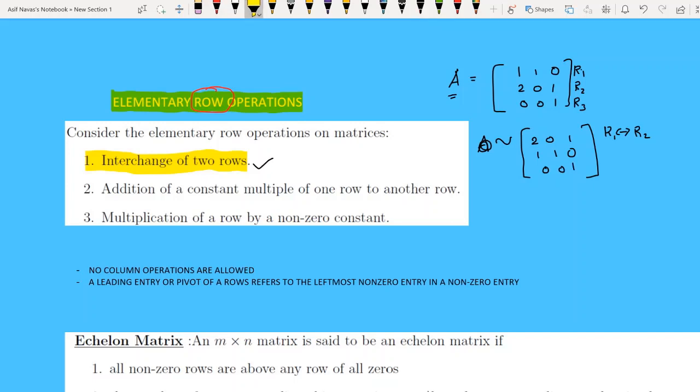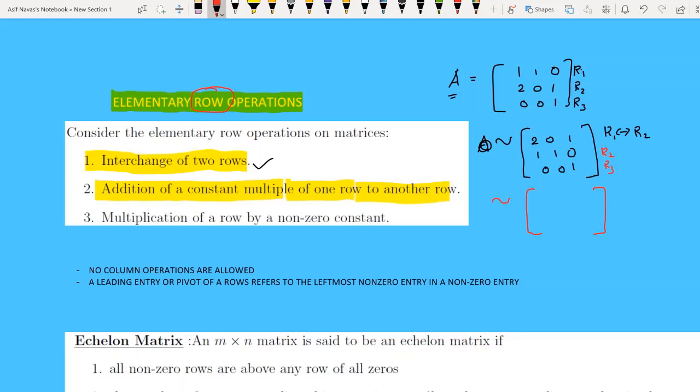Now the second elementary row operation is addition of a constant multiple of one row to another row. That is also an elementary row operation. You can add a constant multiple of a row to another row. So this A is row equivalent to, okay, so now this is R2, R3.